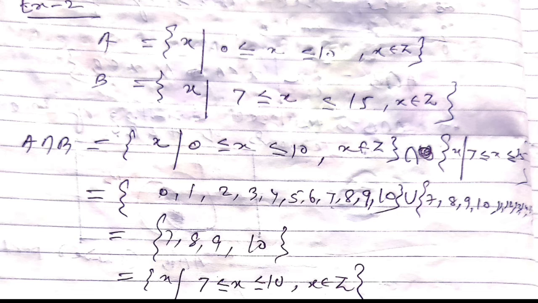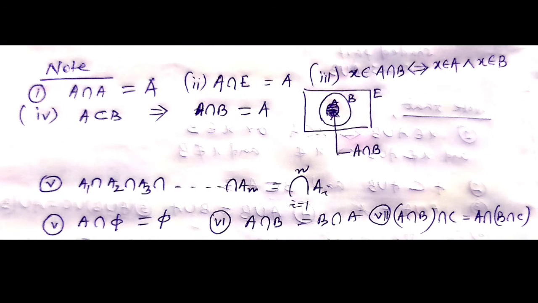So if we write the common elements of these sets, we get 7, 8, 9 and 10. That is, A intersection B is the set of all x so that x is greater than or equal to 7, less than or equal to 10 and x belongs to Z.